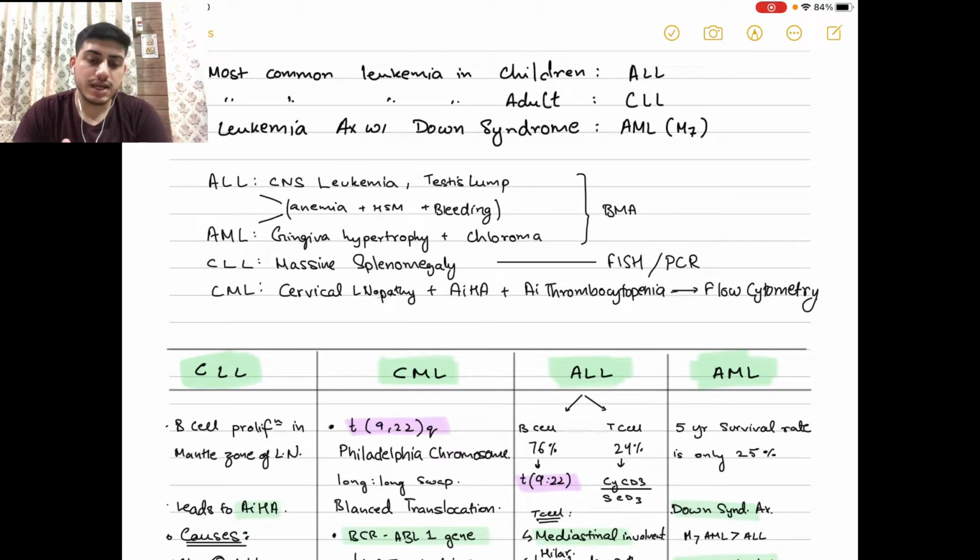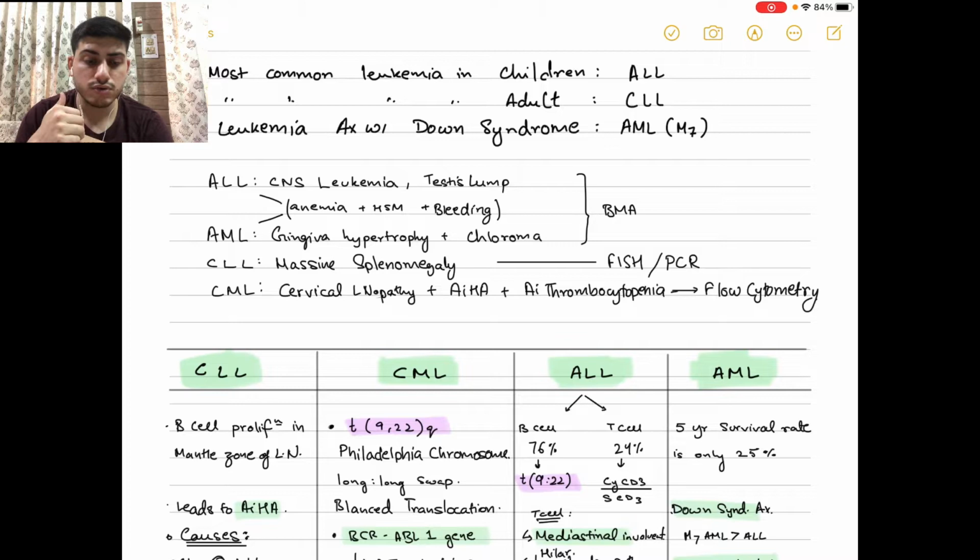And in CLL, massive splenomegaly. It will be so massive that you can palpate it even beyond the umbilicus of the patient. Now CML, chronic myeloid leukemia. The finding here will be cervical lymphadenopathy, but the most important catch point is autoimmune hemolytic anemia and autoimmune thrombocytopenia.